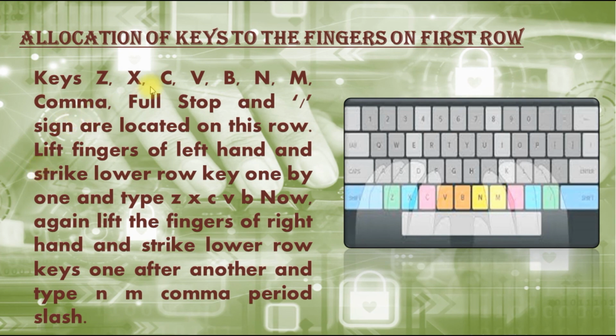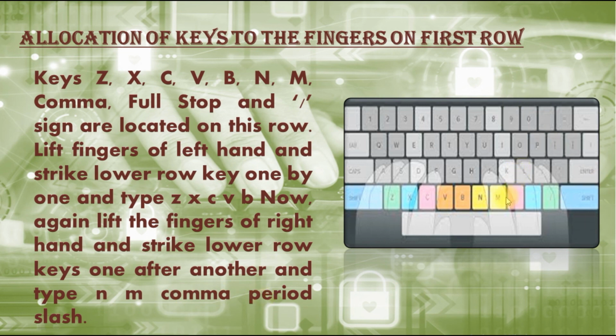Now keys Z, X, C, V, B and N, M, comma, full stop and slash signs are located on this row. Lift fingers of left hand and strike lower row one by one and type ZXCVB. Now again lift the fingers of right hand and strike lower row keys one after another and type N and M comma period slash. ठीक है.